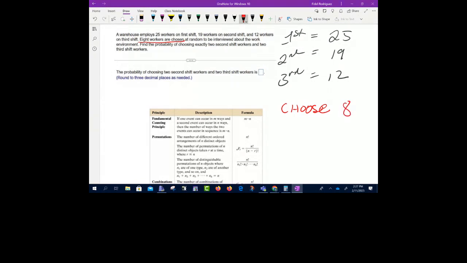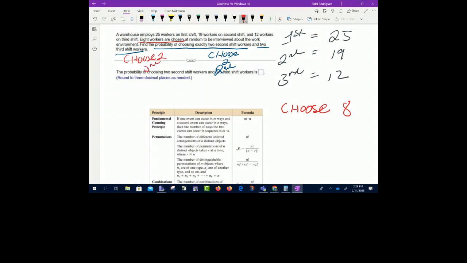Now, let me continue to read right here. Find the probability of choosing 2 second shift workers and choosing 2 from the third shift.